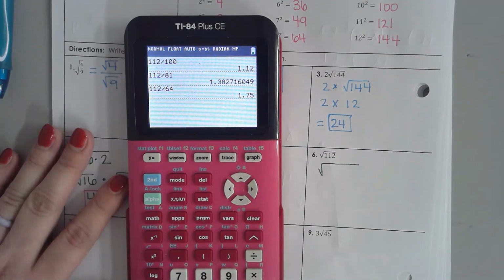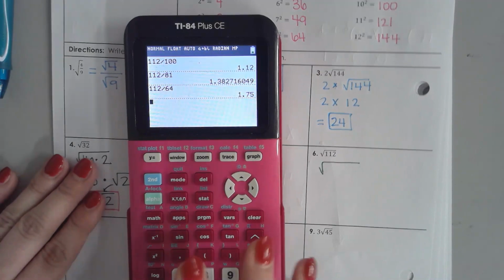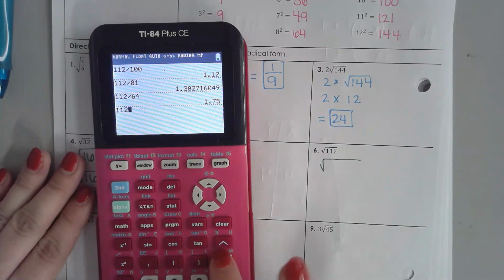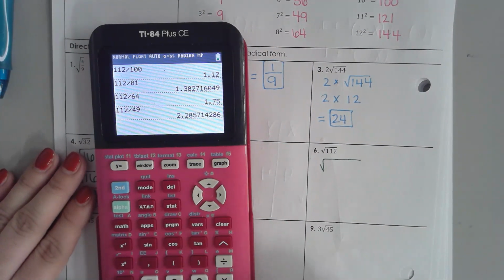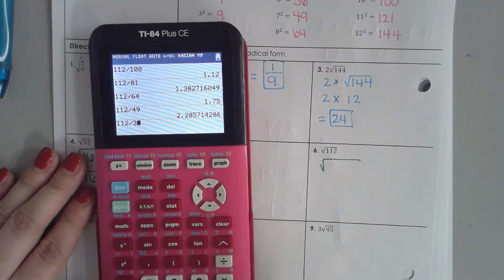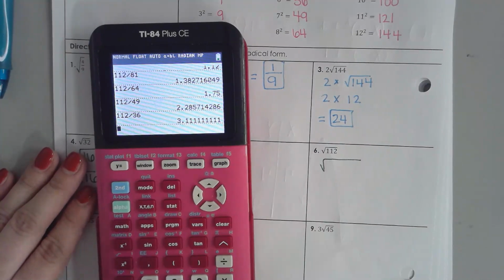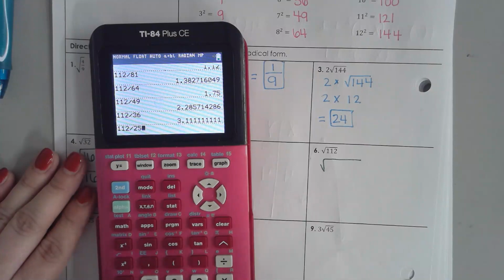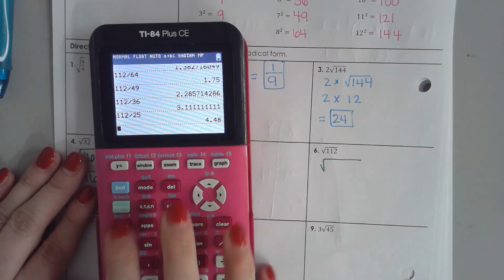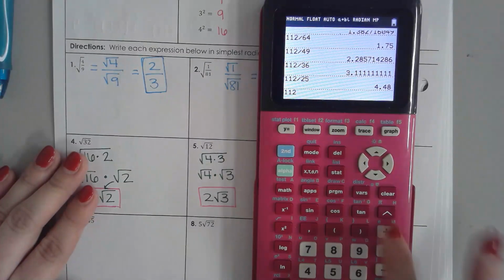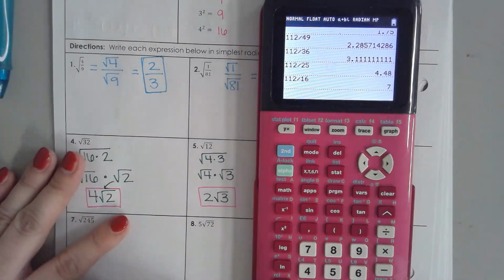If you've already found it, that's fine. I'm going to work one by one. 112 divided by 49, nope. 112 divided by 36, nope. 112 divided by 25, still not a whole number. 112 divided by 16, there it is.